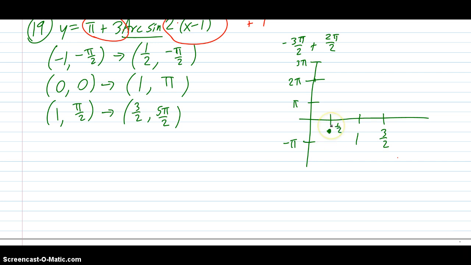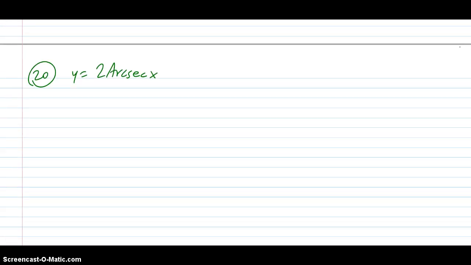That'll be right there. 1 it's at pi, and at 1 1/2 it's at 5/2 pi or 2 1/2 pi. Alright? And again, start off steep, approach kind of a flatter piece around the middle, and then go up. And there you go. Again, endpoints, so don't go beyond them. Easy peasy. Last graph, and then we'll get to the angular and linear velocity.